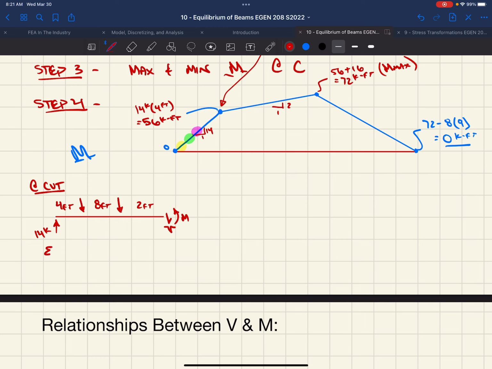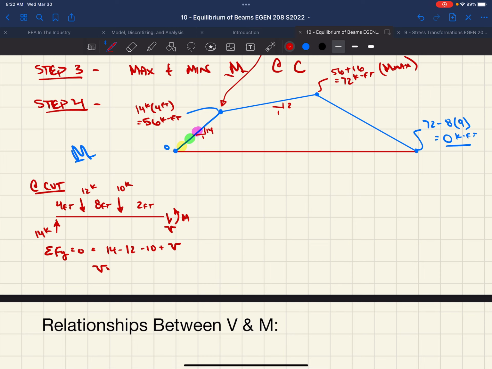We can then, at this point, sum forces in the Y, set it equal to 0. We have 14 minus, well, we have 12 kips and 10 kips. So minus 12 minus 10 plus V. V equals minus 8 kips.